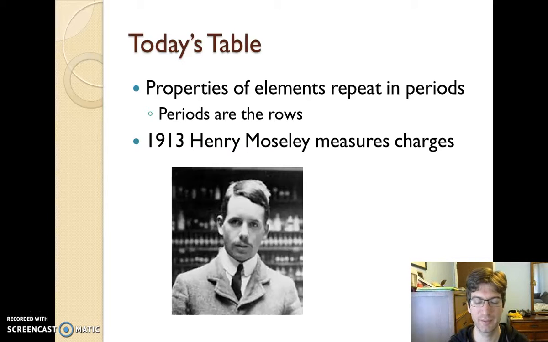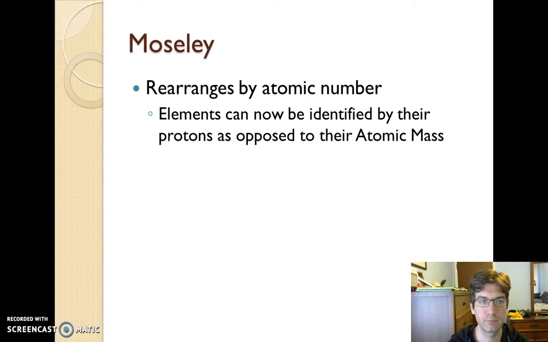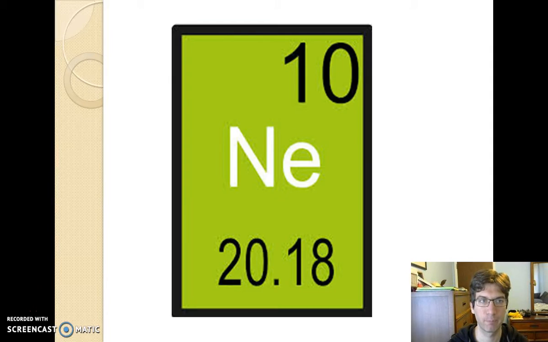So I kind of skipped a number over there. Now with atomic number, we can go by just 1, 2, 3 in a chronological order there. But that was because of Henry Moseley. So now our elements are going to be shown in periods or rows based on Moseley's discovery of charges. Again, he's going to rearrange them by atomic number now, and we are now going to be identifying our elements based on atomic number as opposed to Mendeleev basing them on atomic mass.